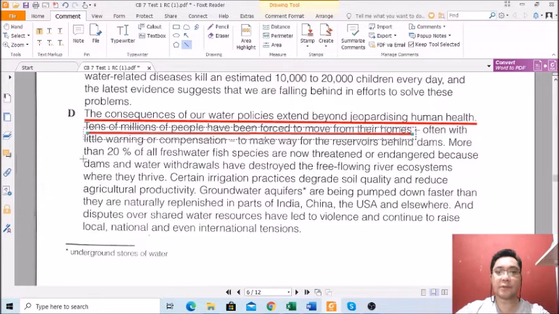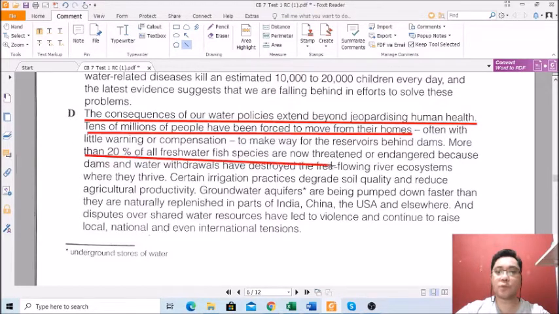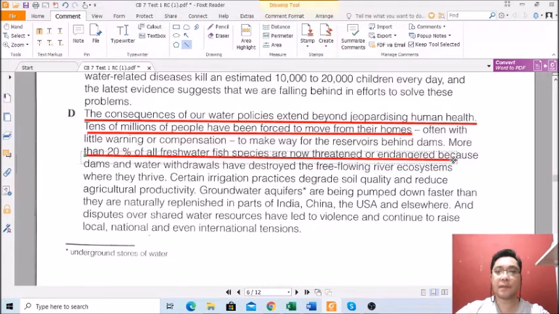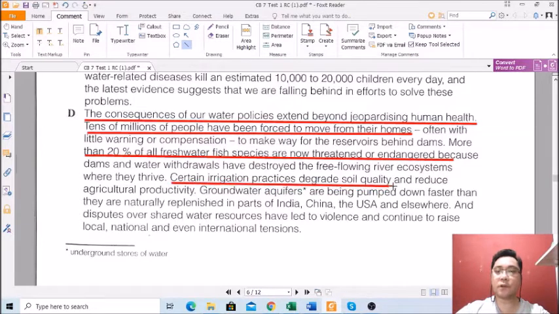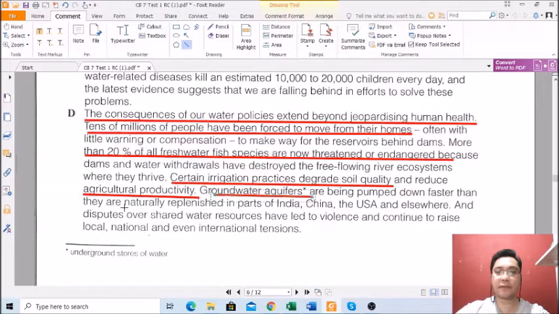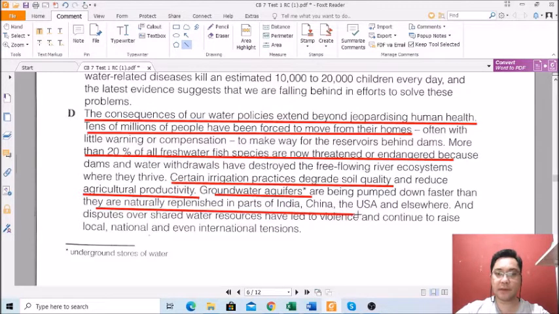And it says here as well that more than 20% of freshwater fish species are now threatened or endangered because of the water dams. And here, certain irrigation practices degrade soil quality and reduce agricultural productivity as well. And then it says that groundwater aquifers are being pumped down faster than they are naturally replenished in parts of India, China, and USA.